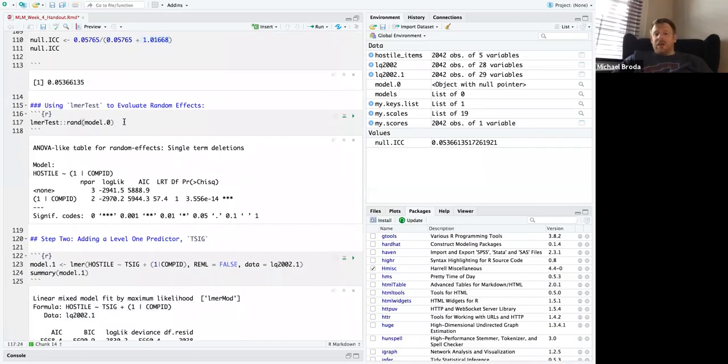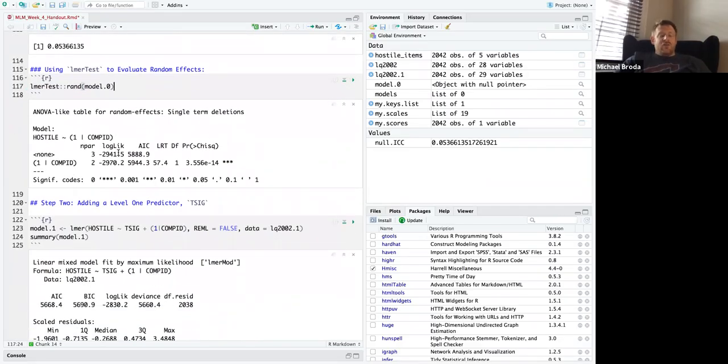In addition to this, we can calculate a likelihood ratio test. And here again, see that lazy loading. I'm just communicating that this is the likelihood ratio test that comes from the lmerTest package, and the function is called ranova. This is exactly what we ran last week. So ranova for model.0, and we get 2 models. One model is the model we just ran, the top one. The AIC is 5888.9.